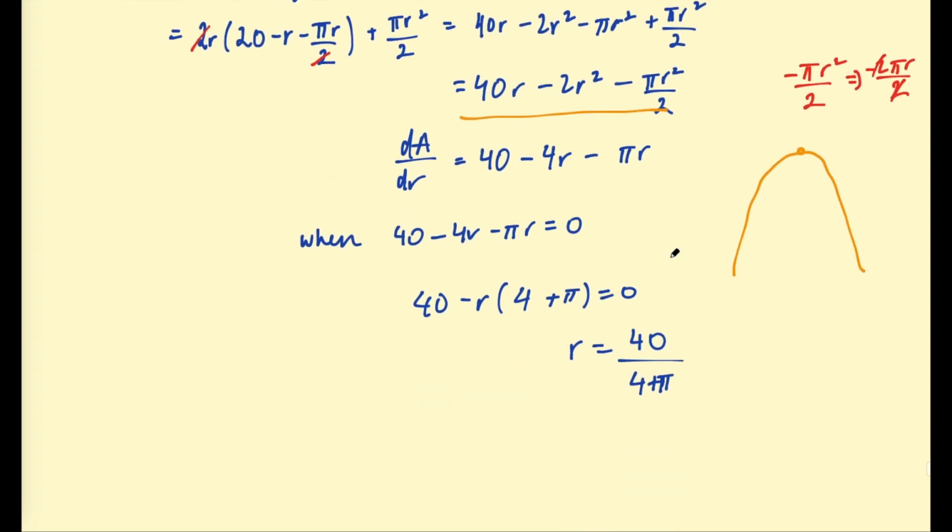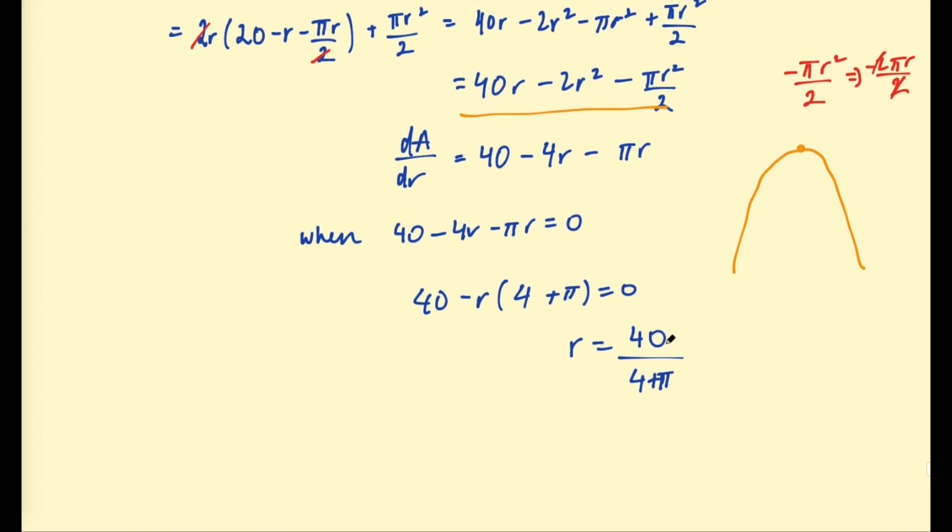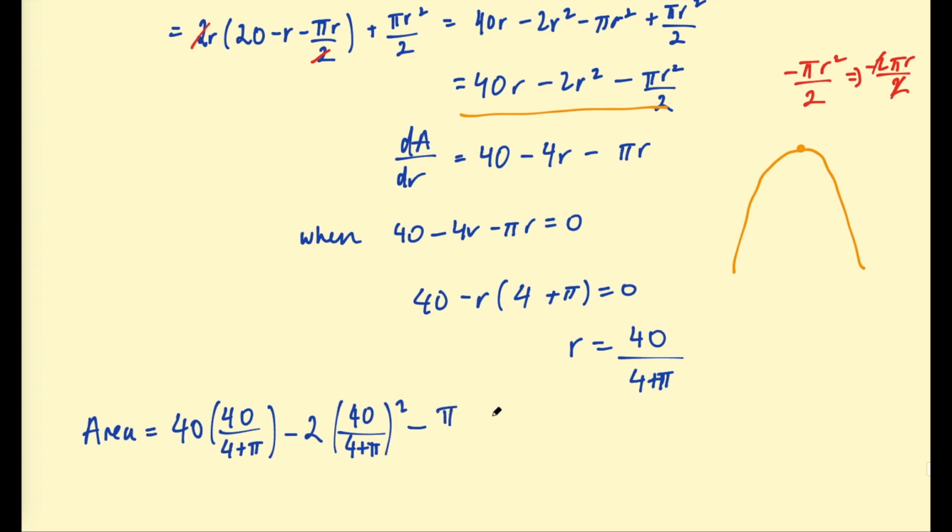Okay, so plugging in r equal to 40 over 4 plus pi into our formula for the area. It will look a bit messy initially, but hopefully it simplifies down a little bit. So plugging all of this in, take 2 times r squared, (4 plus pi) all squared, take pi over 2 multiplied by (40 over 4 plus pi) all squared.